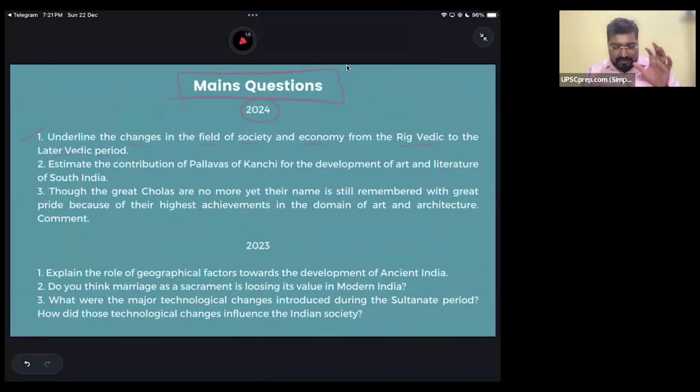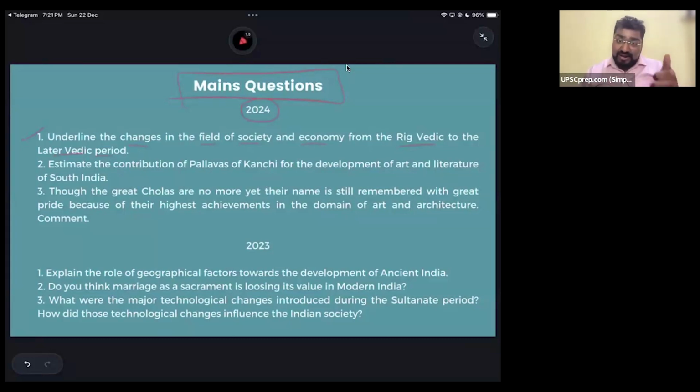Now, for the Rig Vedic period and later Vedic period, we study the differentiation between the 2 periods in the field of society, economy, polity, religion, and many other things. We study these things for your prelims too. Now, tell me, do you require any other book to write this answer? No. Whatever sources you have referred to for your prelims, only those sources you need to revise again for your mains.